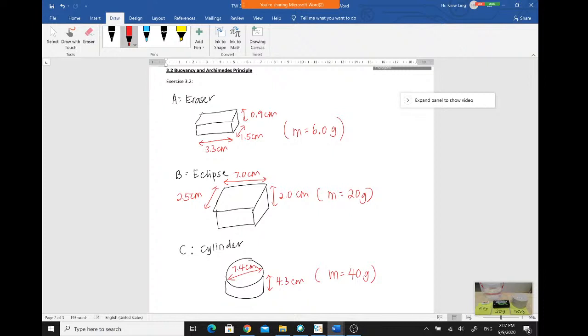So yes, it's correct. For the eraser, it's very concentrated. The whole thing, your mass is everywhere. Your eraser is very solid, but compared to your eclipse, there is some empty space in between, right? And also the container.